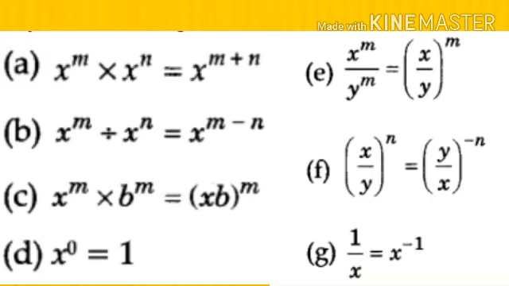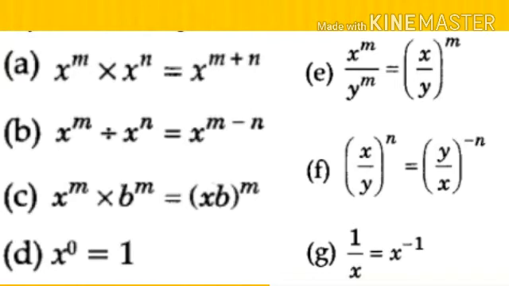A, x to the power m into x to the power n is equal to x to the power m plus n. B, x to the power m divided by x to the power n is equal to x to the power m minus n. C, x to the power m into b to the power m is equal to x into b whole power of m. D, x to the power 0 is equal to 1.